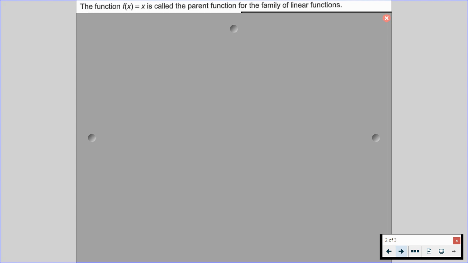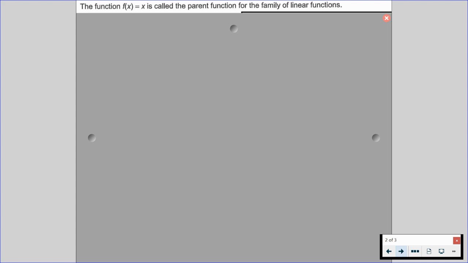So the function f of x is equal to x is called the parent function for the family of linear functions. You may also hear the phrase mother function. Essentially, it's just the OG. It's the original. It's what we're always going to be comparing to if we have a set or a family.